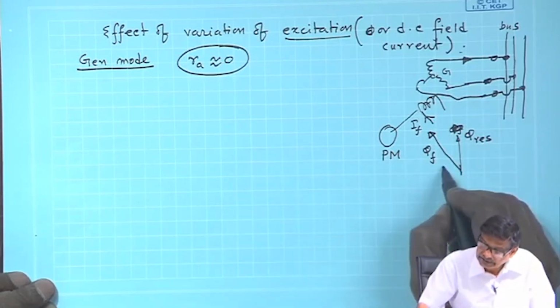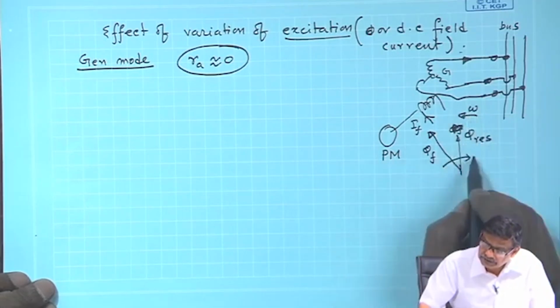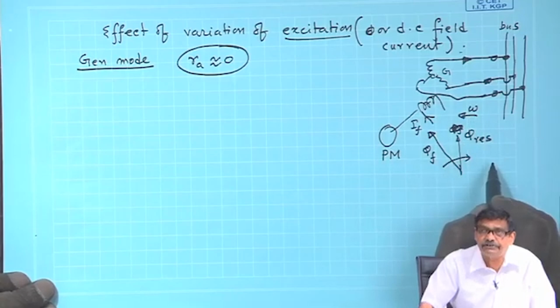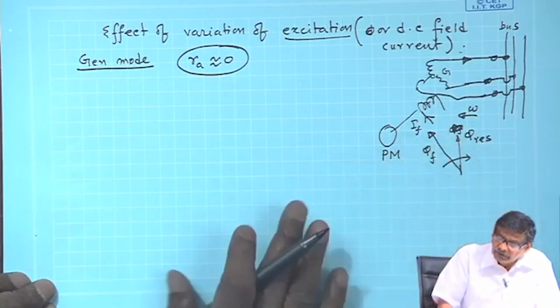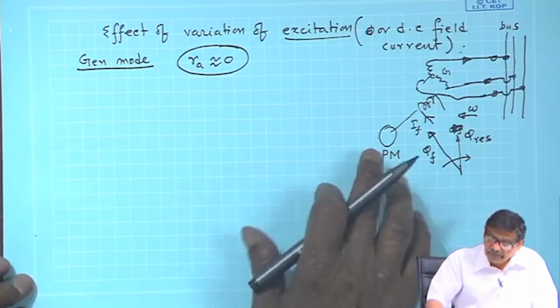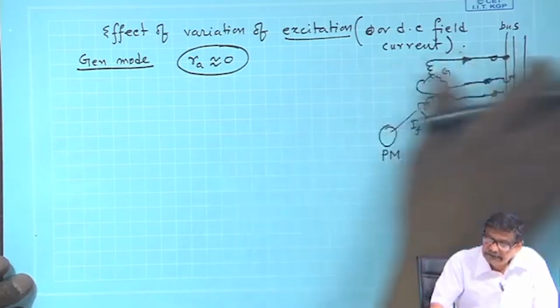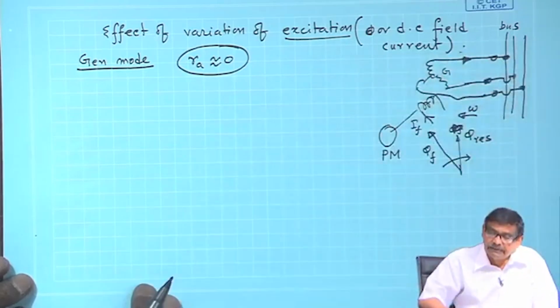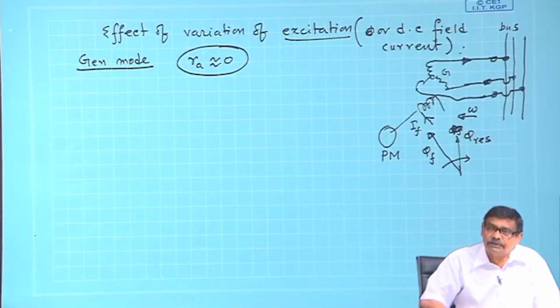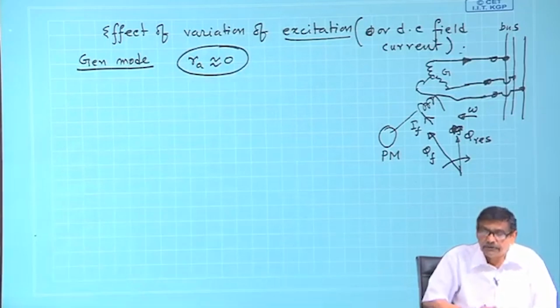And in case of generator, everything is rotating in this direction, omega, and torque will be in the opposite direction. Anyway, increase the steam input to the bus, then it will feed power. You have to burn more coal then. Okay. And it is generator mode, RA equal to 0.